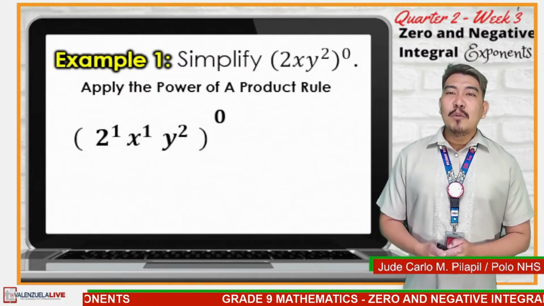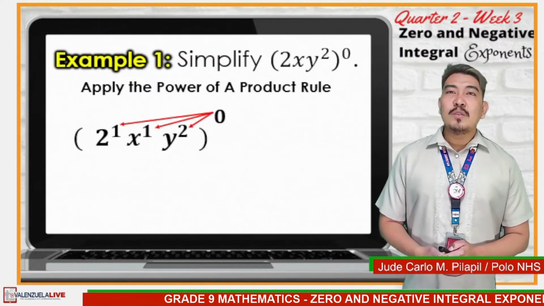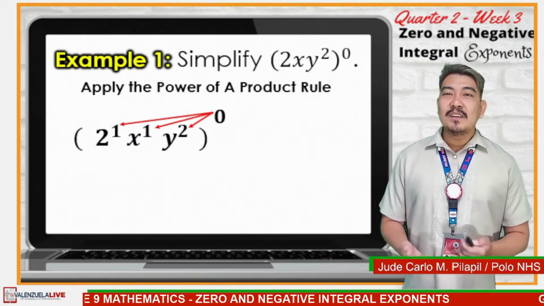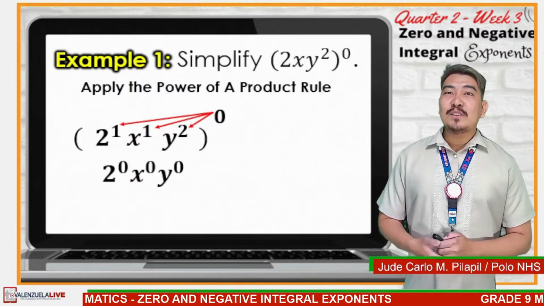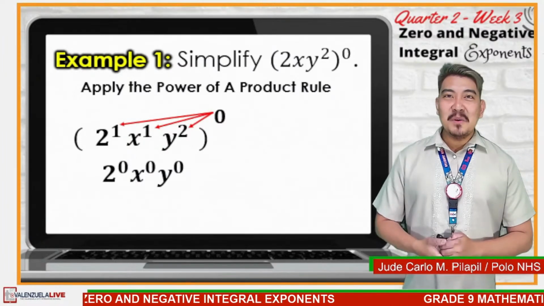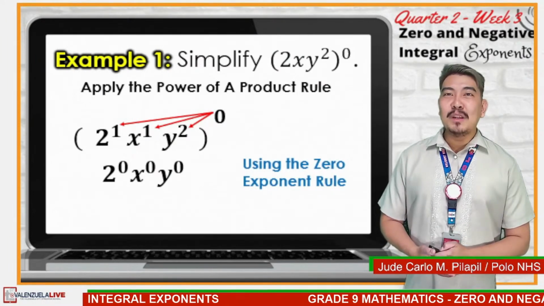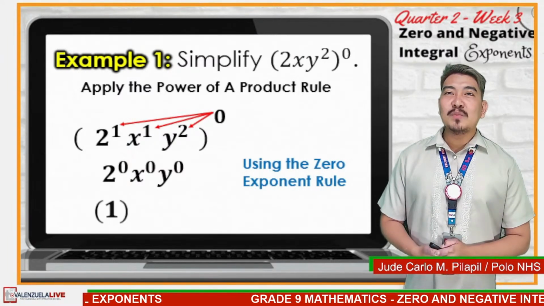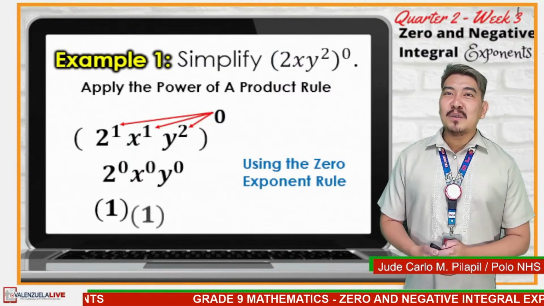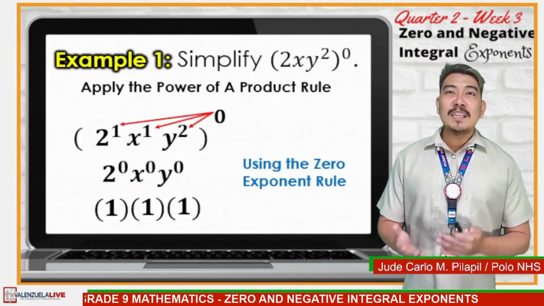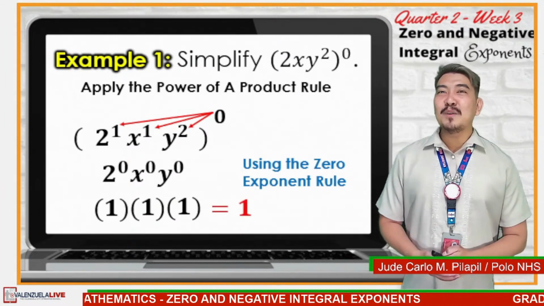Then, we multiply 0 to each of the exponents inside the parentheses. The result is now 2 raised to 0, x raised to 0, y raised to 0. Applying the zero exponent rule, 2 raised to 0 is 1, x raised to 0 is also 1, y raised to 0 is 1. 1 times 1 times 1 is equal to 1.